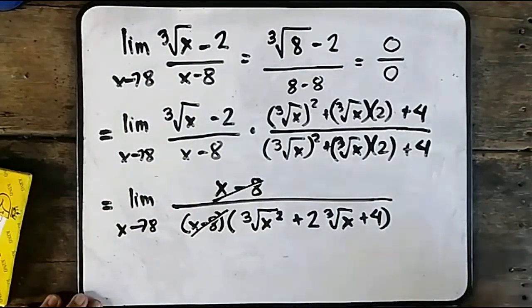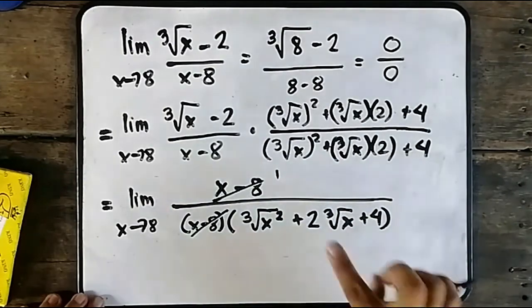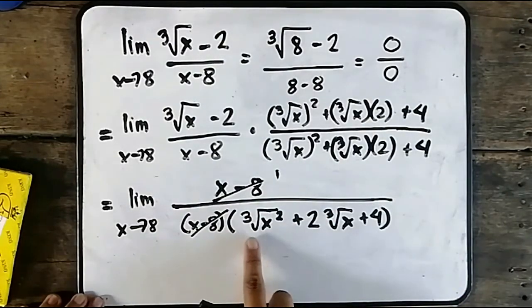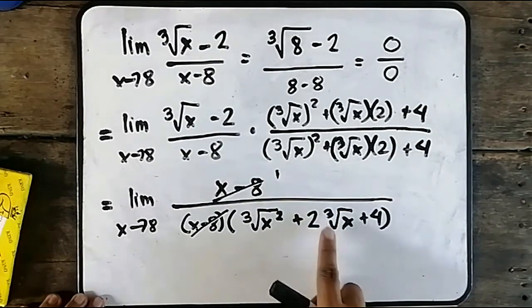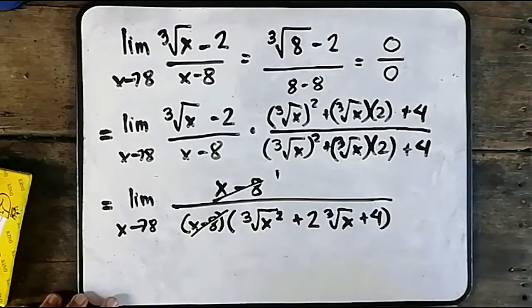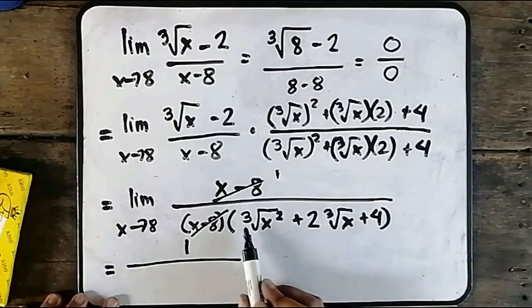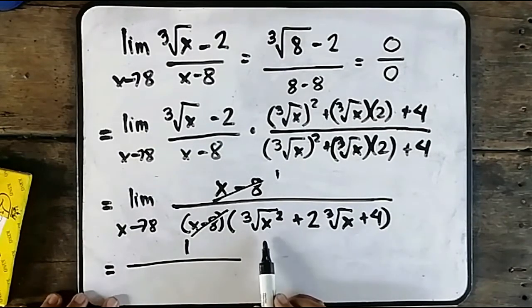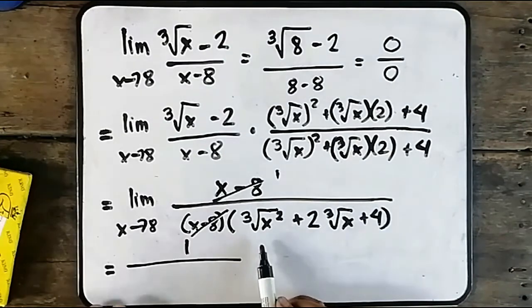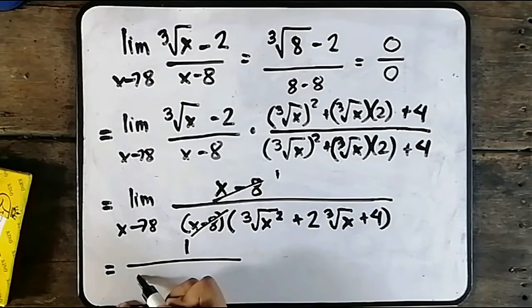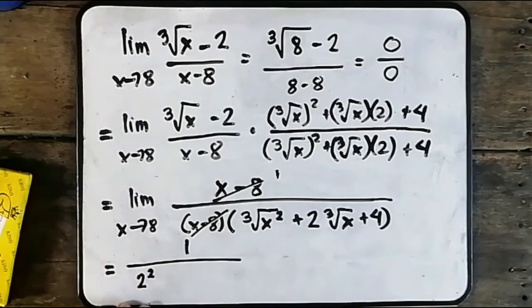Observe that meron na tayong common factor. Okay? So maiwan na lang sa taas ay 1 over cube root of x squared plus 2 cube root of x plus 4. And by direct substitution, that is 1 divided by cube root of 8 squared, so we have 2 squared.